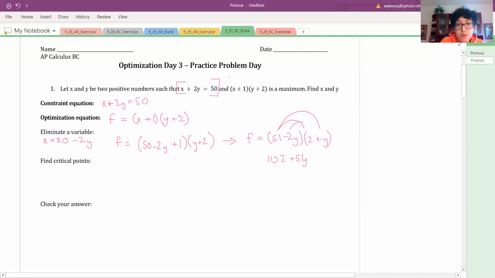Then we're going to multiply negative 2y times 2, so it's going to be negative 4y. And then multiplying negative 2y times y, so minus 2y squared. So then we're going to have 102 plus 47y minus 2y squared. So each of these, we're just basically multiplying it out.